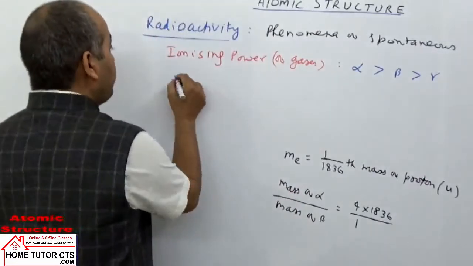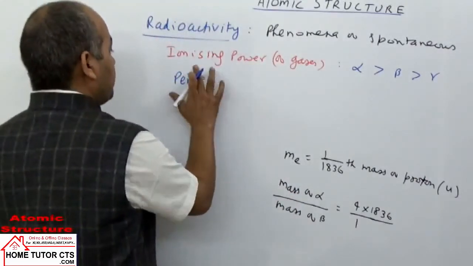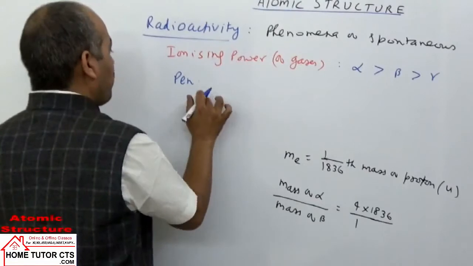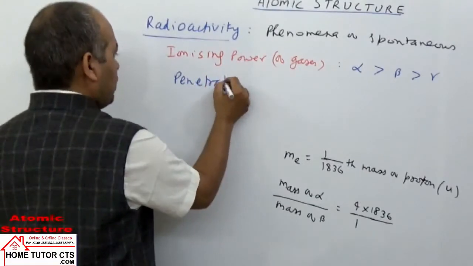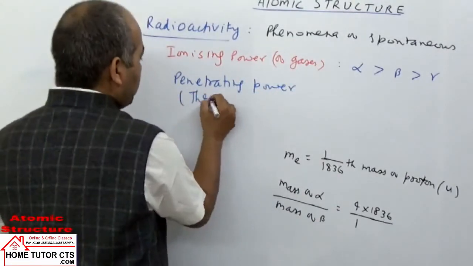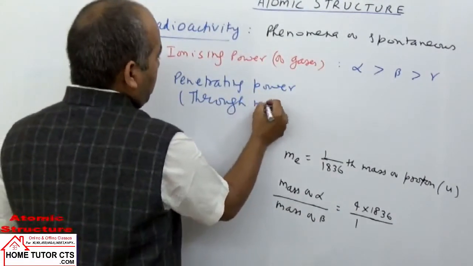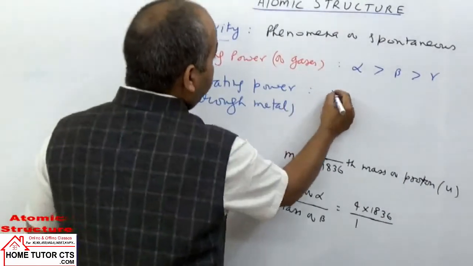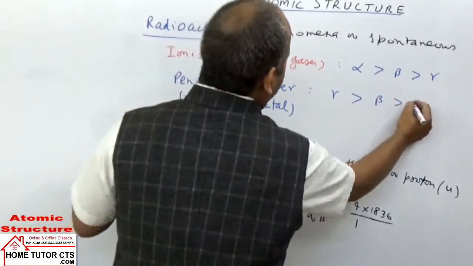Whereas if we take penetration power, or penetrating power, through metals, this ability is highest for the gamma radiations, then beta, and then alpha.